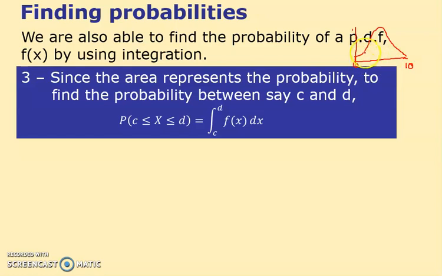Now it may well be that we want the probability between 2 and 3, and we could find the area between 2 and 3 for this PDF, this probability density function. And so they were just saying the probability between these two numbers is the integral between these two numbers. Basically it says, if we want the probability, we integrate.